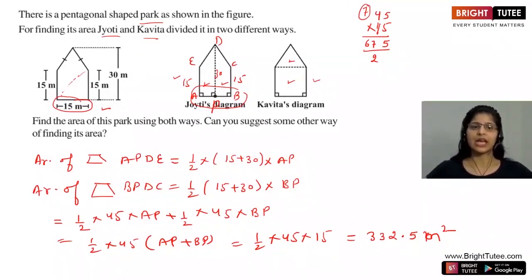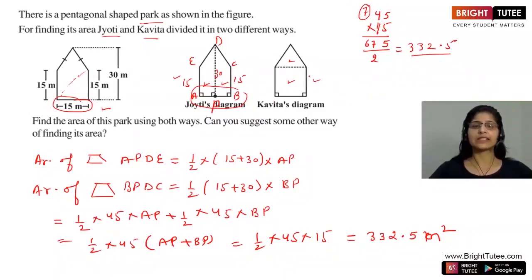So then we multiplied 45 and 15, 15 5s are 75, carry is 7, 15 4s are 60, so 675 upon 2, 2 3s are 6, 2 3s are 6, 2 2s are 4 and 2 5s are 10. So this is the area.